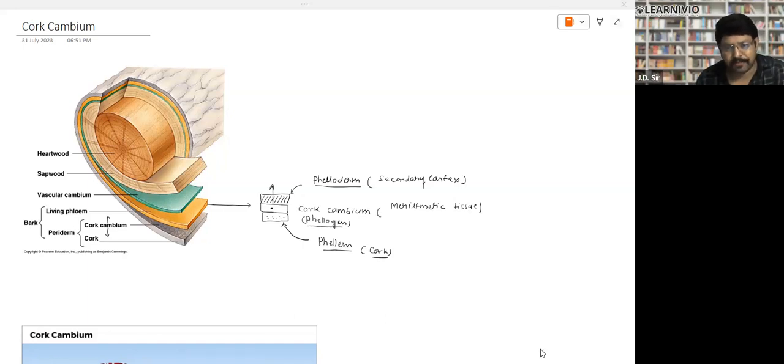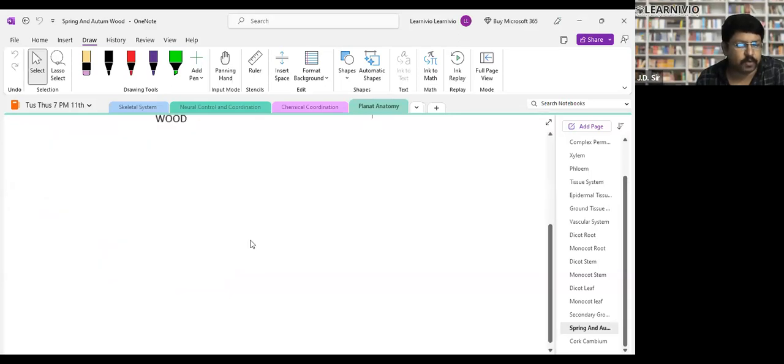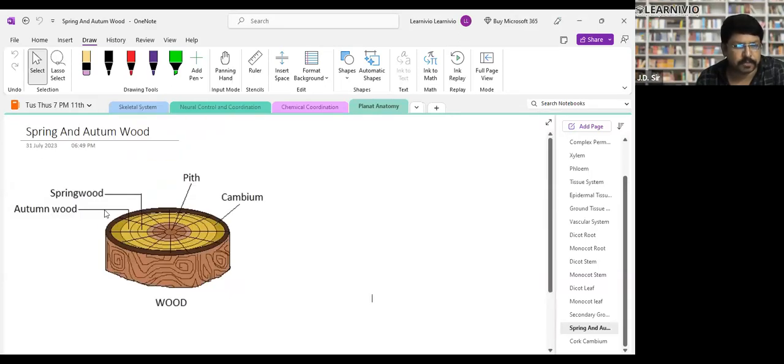Some small things are left. What is the springwood and autumn wood, and heartwood and sapwood? In winter, the plant requires less water, so the lumen or diameter of the xylem will be very narrow, and the wood will be more solid.